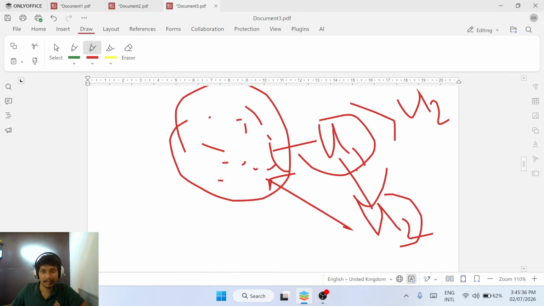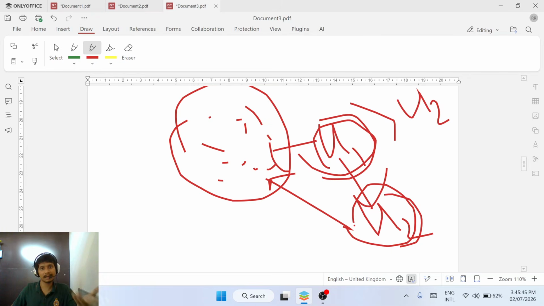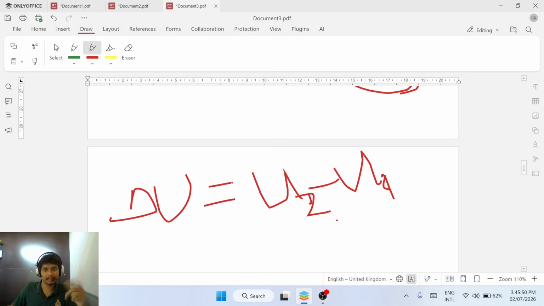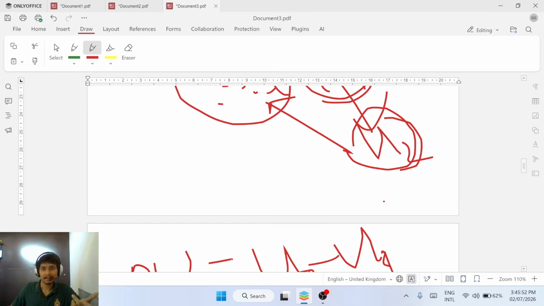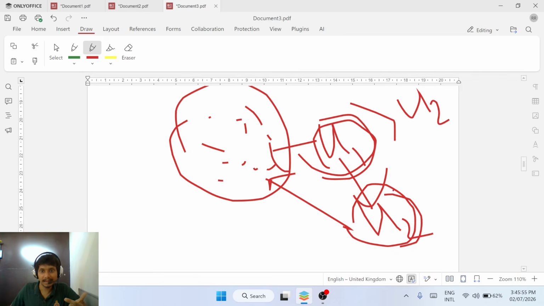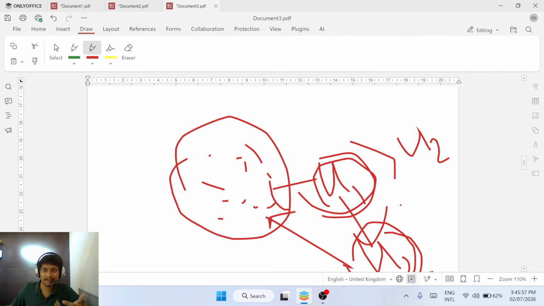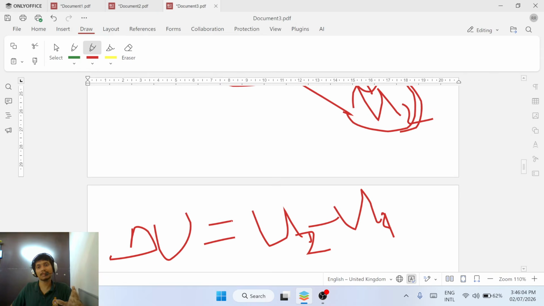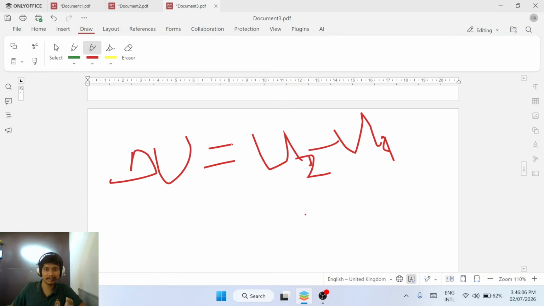For example, if U1 is greater than U2, that is, if the initial internal energy of the system is greater than the final internal energy, then subtracting final from initial, U2 minus U1, we will get a minus value, because U2 is small and U1 is big. U2 is less than U1.